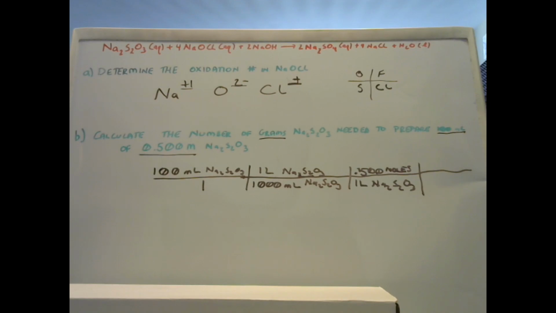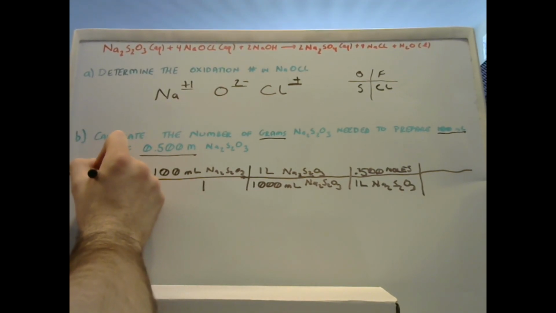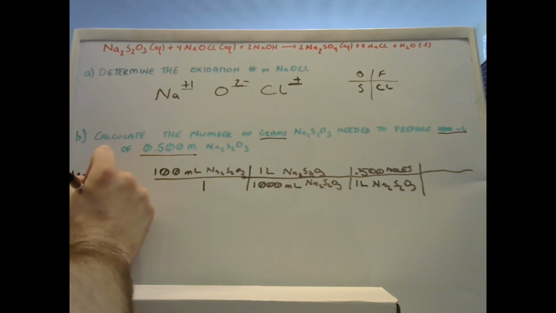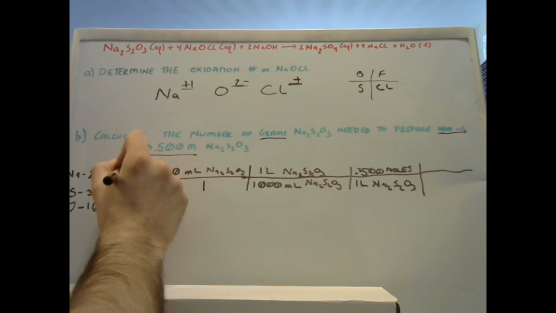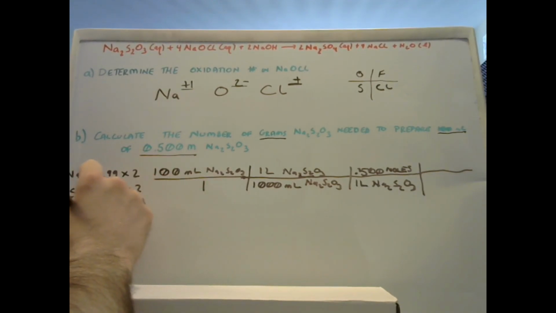Looking at our periodic table given to us by the AP Chem people, we find that sodium has a mass of 22.99. Sulfur is 32.06. And oxygen is 16.00. But we don't have one of each of these, we have multiples. So this would be times 2, times 2, times 3.